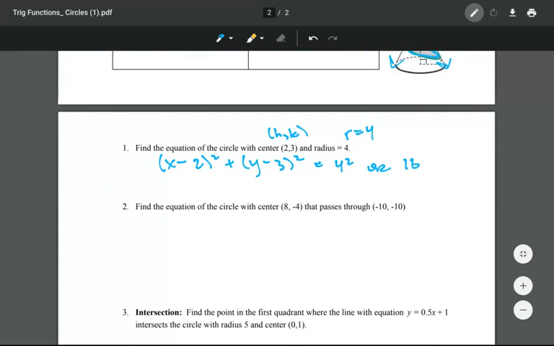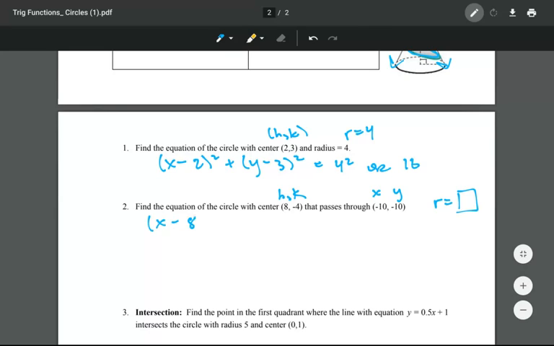Okay, next one. We want to find the equation of the circle with center 8, negative 4. This is my h and my k. That passes through negative 10, negative 10. This is just an x and a y. I don't know what r is, so r equals blank. Let's put this together in the equation, everything that we can.